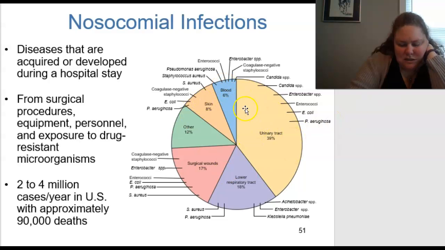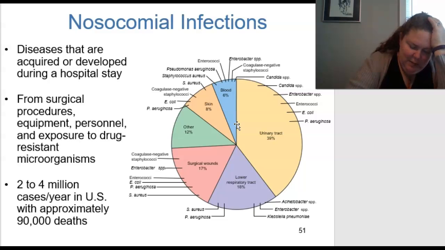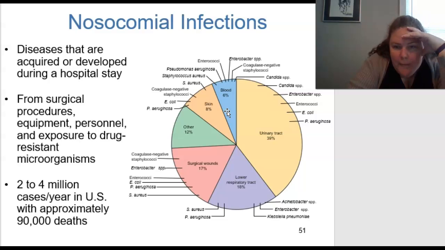Here is a breakdown of the prevalence of healthcare-associated infections, or HAIs. The relative frequency by body site shows the most common isolates out of the nearly 500 pathogens known to exist and cause HAIs. Again, we have the respiratory tract, urinary tract, and surgical incisions.